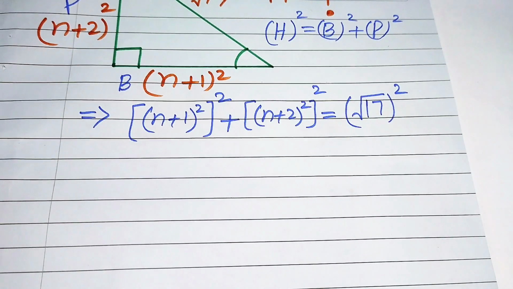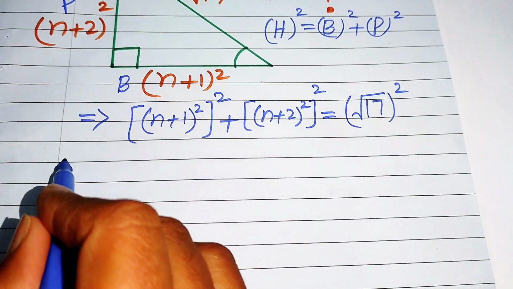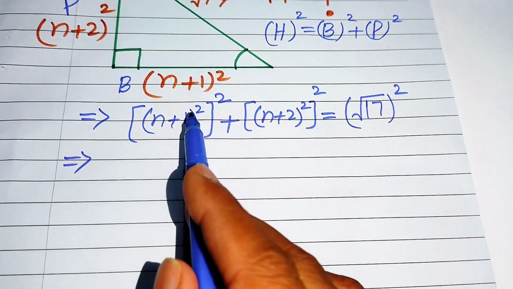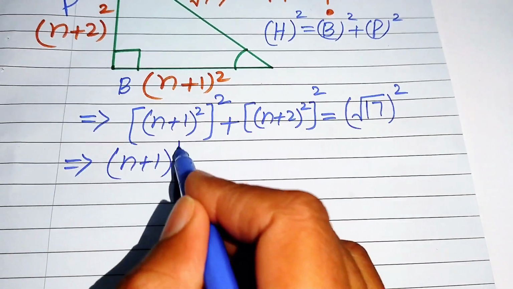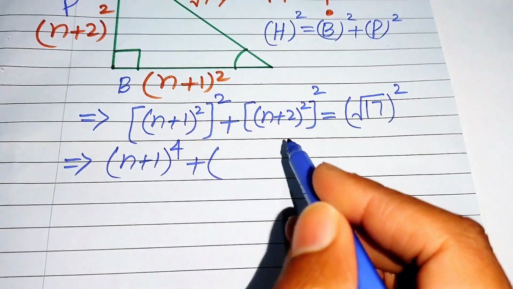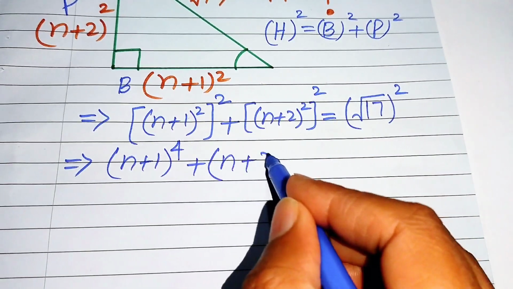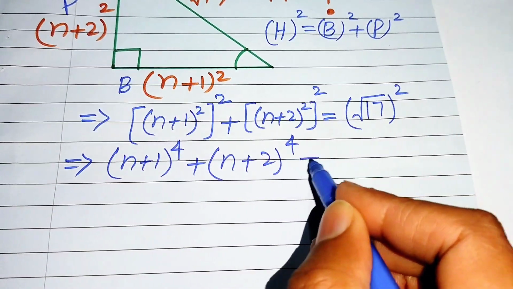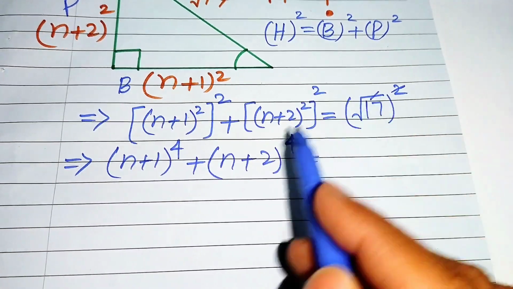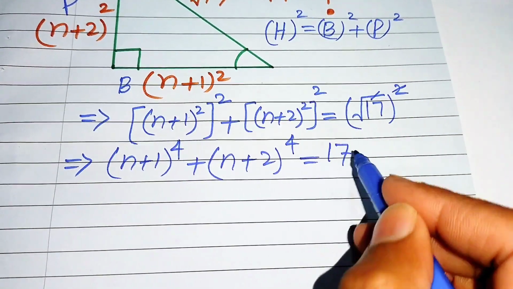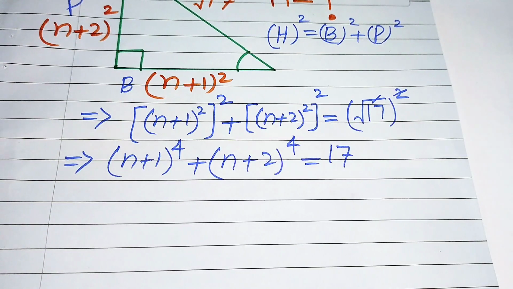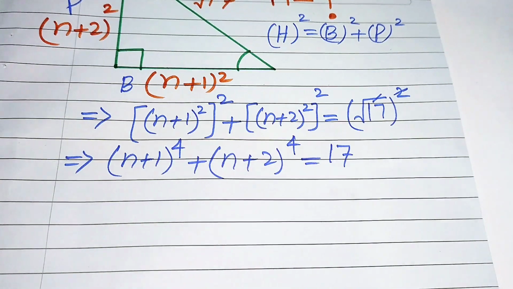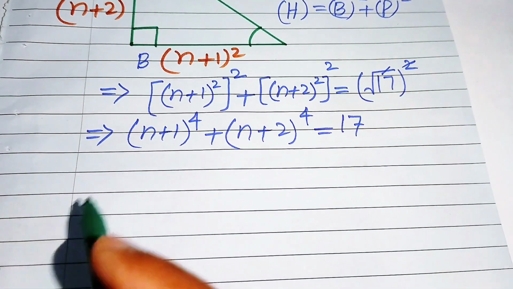In the next step we simplify this equation. Here we multiply these two exponents and write it as (n+1)⁴ plus (n+2)⁴ equals 17, since the square and square root are gone. Now we solve this nice quartic equation.